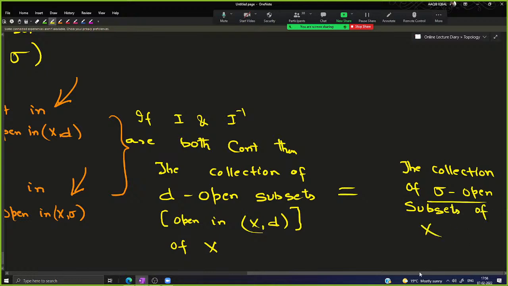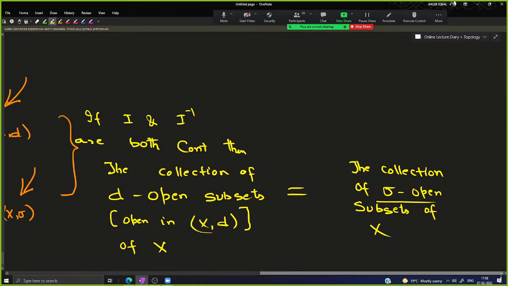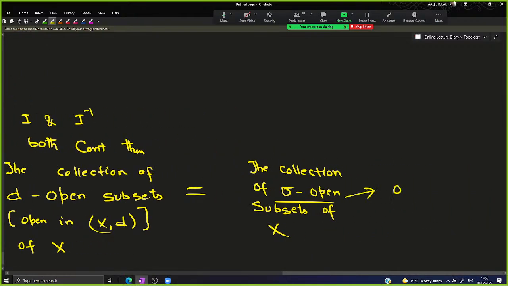When I say sigma open, it means open in the metric space X sigma.